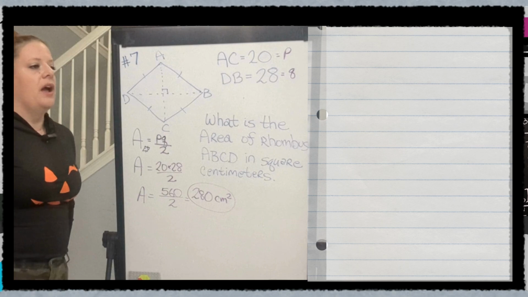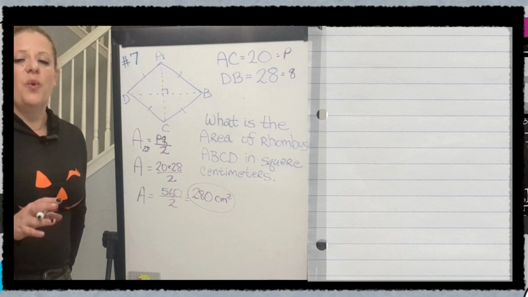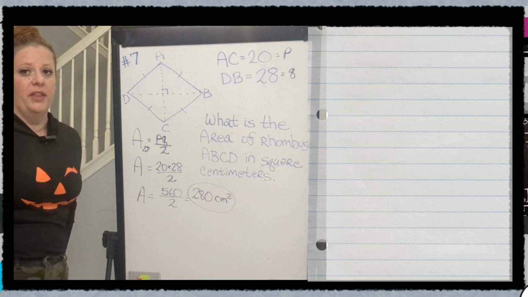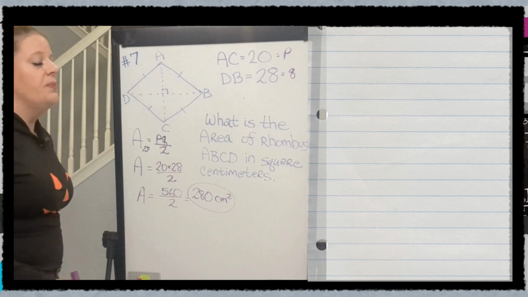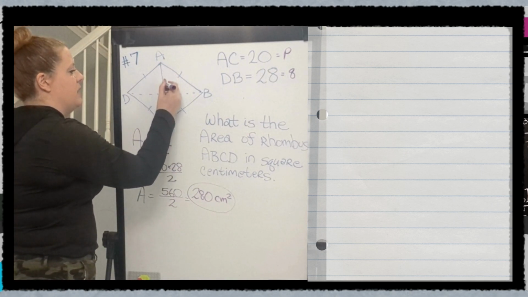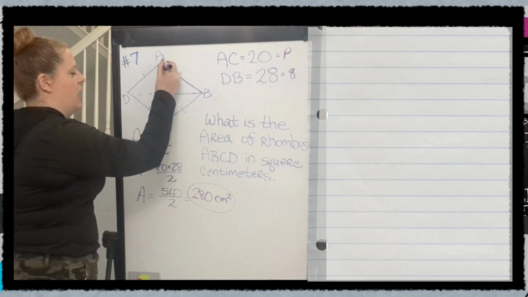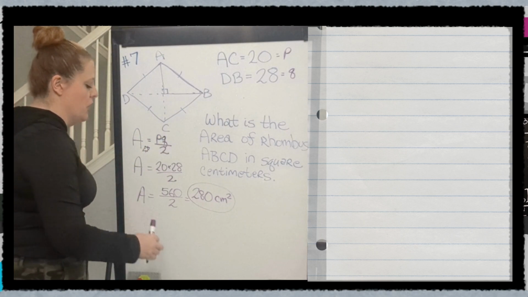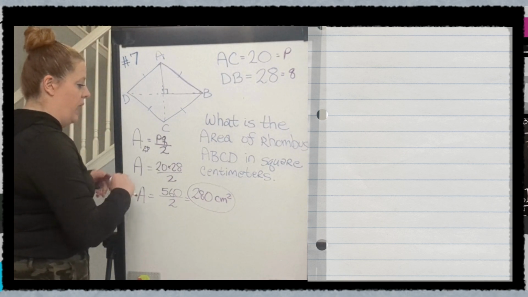Easy enough. Now, if you forget what the formula is, or you're taking a test where they don't give you the formula, you could also just find the area of one of these triangles and multiply it by 4. So I am going to run through doing it that way.